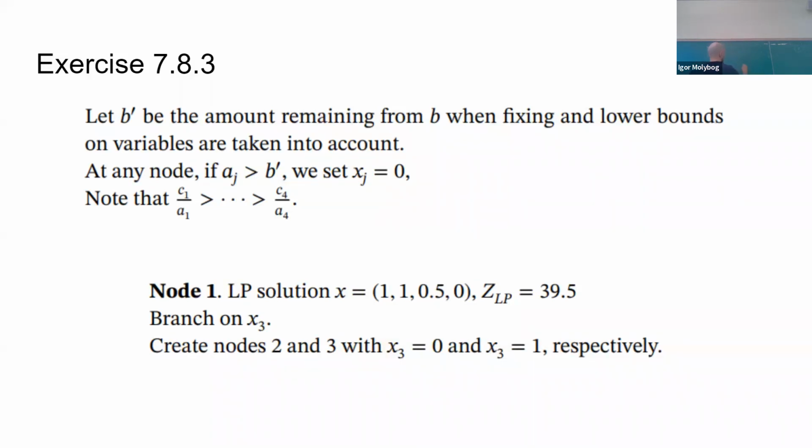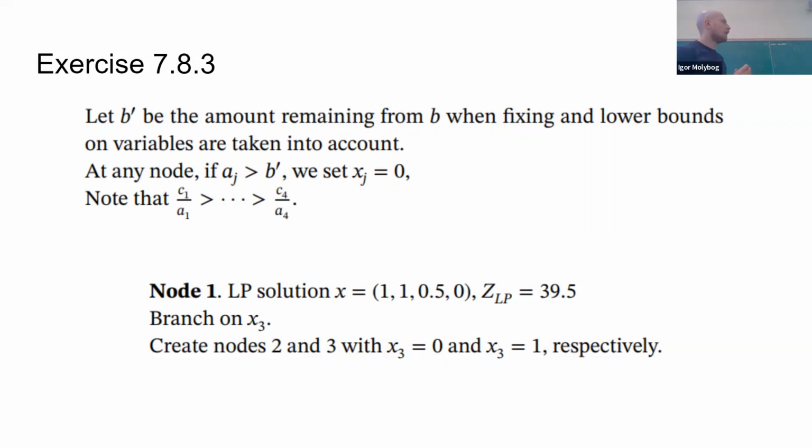So our first 2 variables are going to be equal to 1, and then the third item cannot be put into the backpack entirely, and therefore we just take half of it, and the rest of the variables are going to be equal to 0. So our solution to the LP relaxation is equal to this. Are there any questions regarding this?